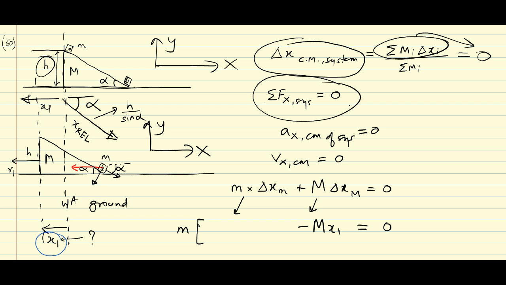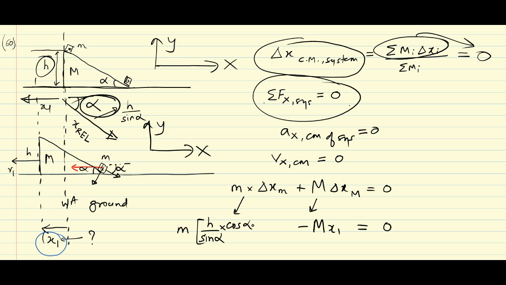So what do we get? Small m into, down the hypotenuse, the displacement is x relative, which is h by sine alpha, and of course I must take the component towards the right. H by sine alpha is not towards the right, it is inclined, so I must multiply by cos alpha, this angle, that is cos of alpha.